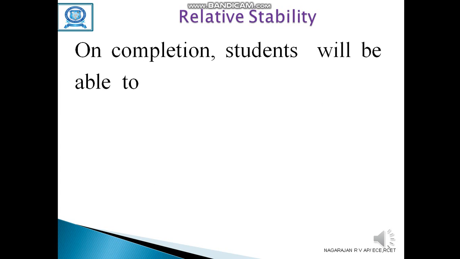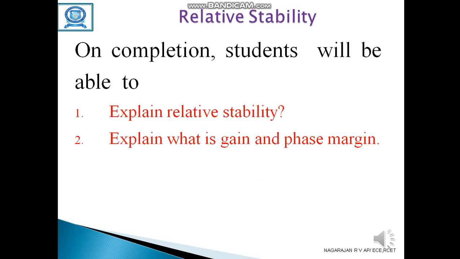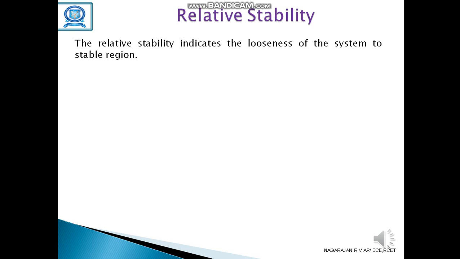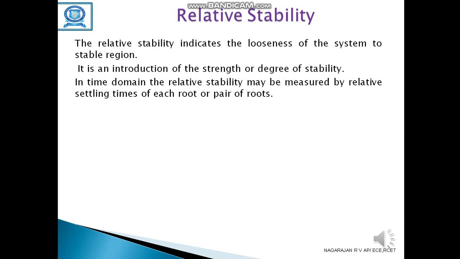On completion of this video, students will be able to explain what is relative stability and explain what is gain and phase margin. The relative stability indicates the closeness of the system to the stable region. It is an indication of strength or degree of stability.